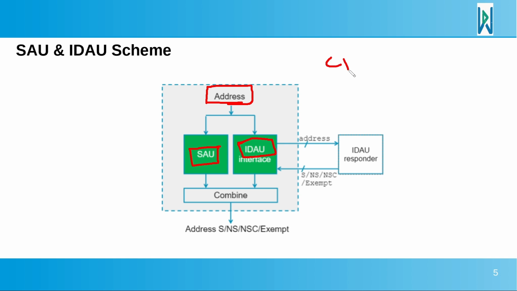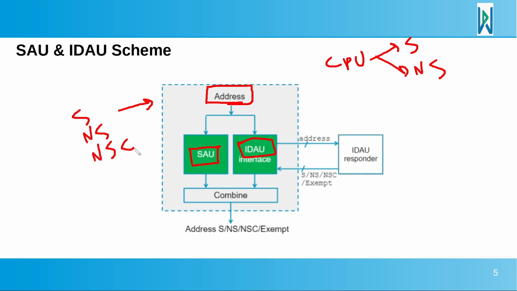The CPU here on ARMv8-M based architecture can execute in secure state or non-secure state. However, address space can be marked as secure, non-secure, or non-secure callable, and sometimes can be left without any configuration.